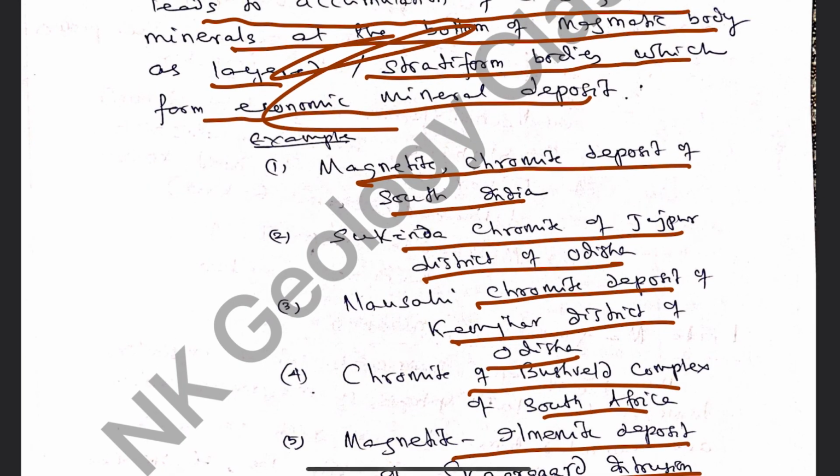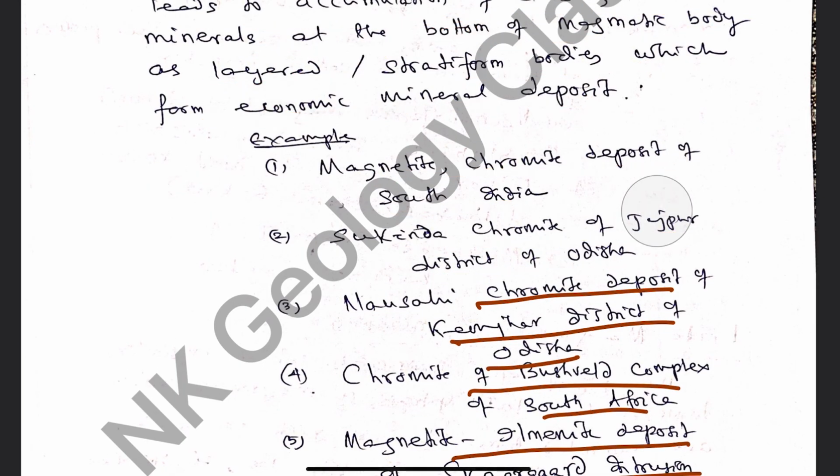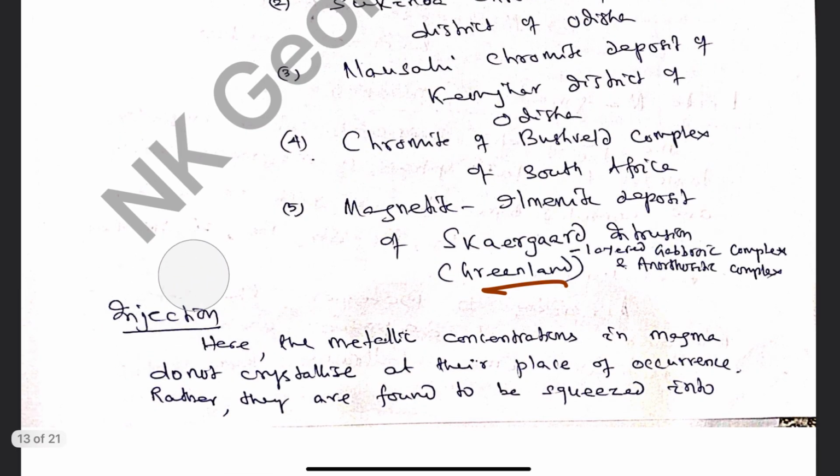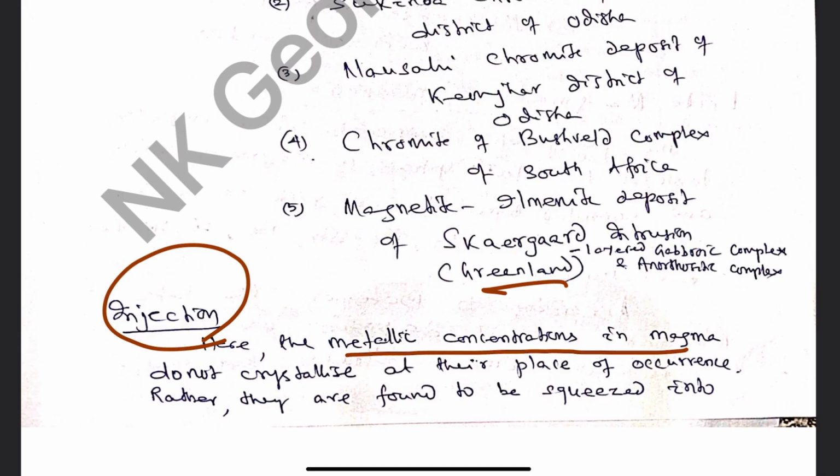So beside this process we have the injection method of magmatic concentration, where the metallic concentrations in magma do not crystallize at their own place of occurrence, where the minerals are being produced within the magma.